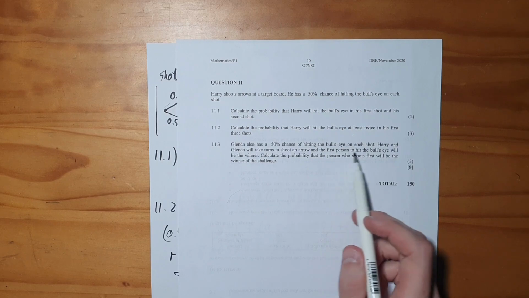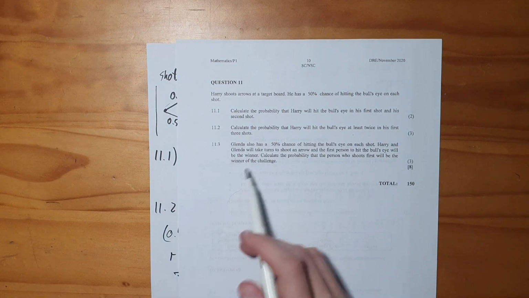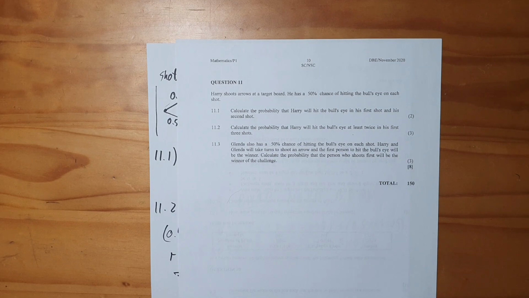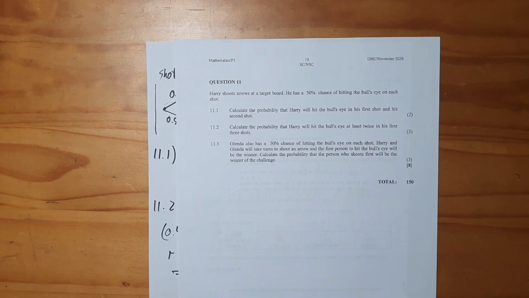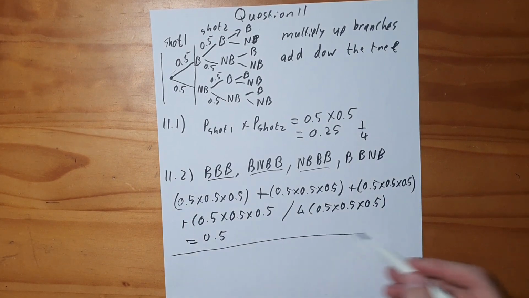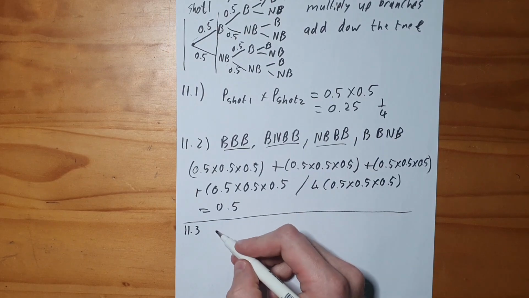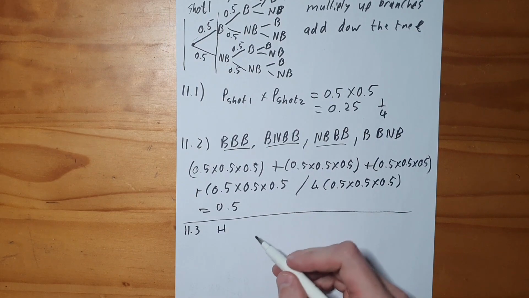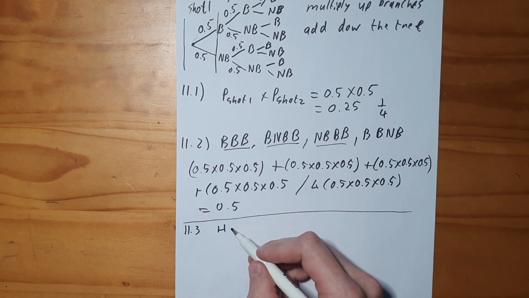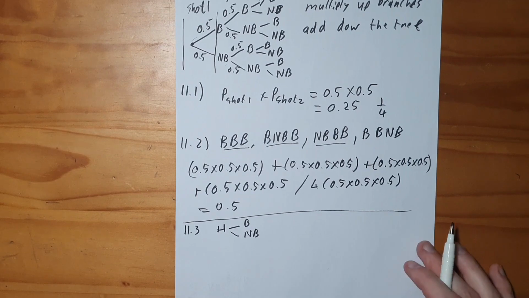It says calculate the probability that the person who shoots first will be the winner. So let's have a look at what's happening here. 11.3. If Harry goes first, he has two possibilities. He can either hit a bull or not hit a bull. If he hits a bull, he wins immediately.